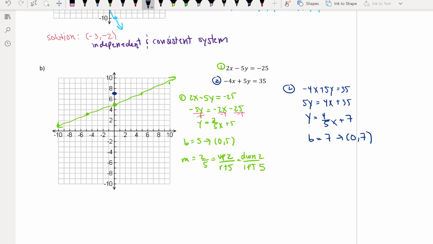So that is going to be the first ordered pair that I draw. Now my slope is 4/5, so that means I'm going to go up 4 and to the right 5, or I could go down 4 and to the left 5.